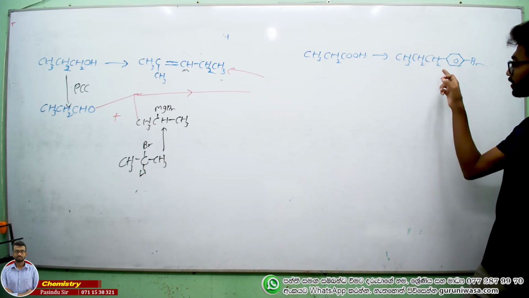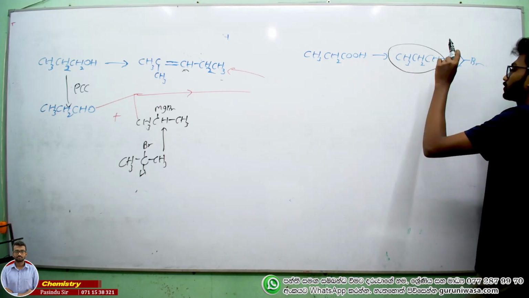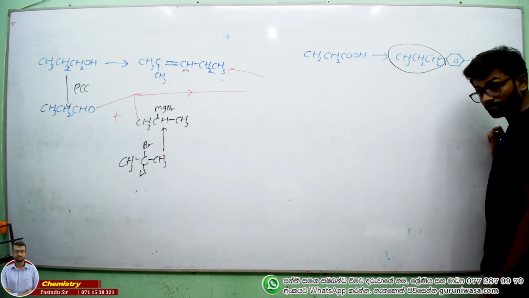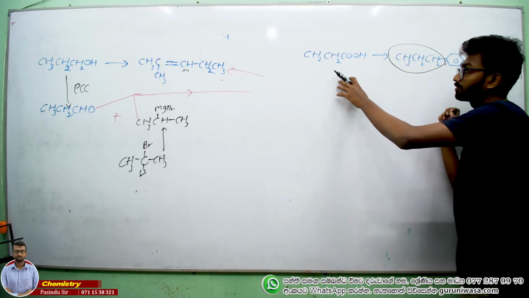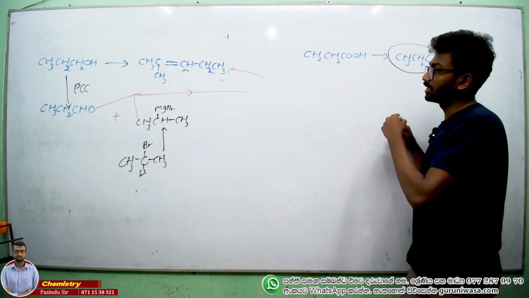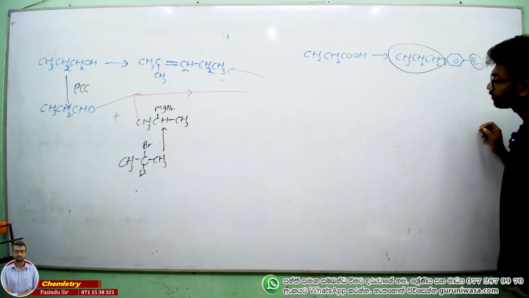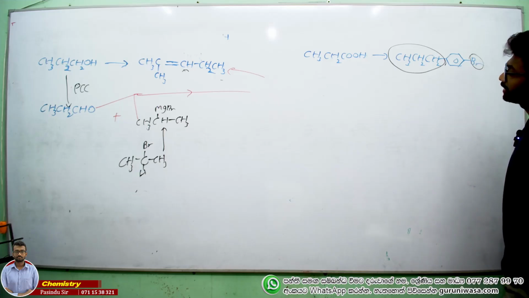If you add this R group directly, you know R groups are ortho-para directing groups, as is Br. So we have to start from this region. Otherwise, you have to add Br into benzene first and then use it again.